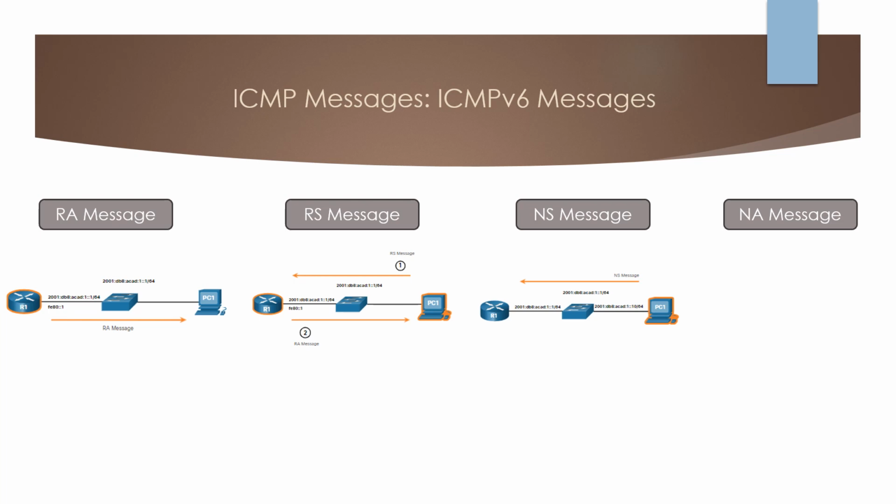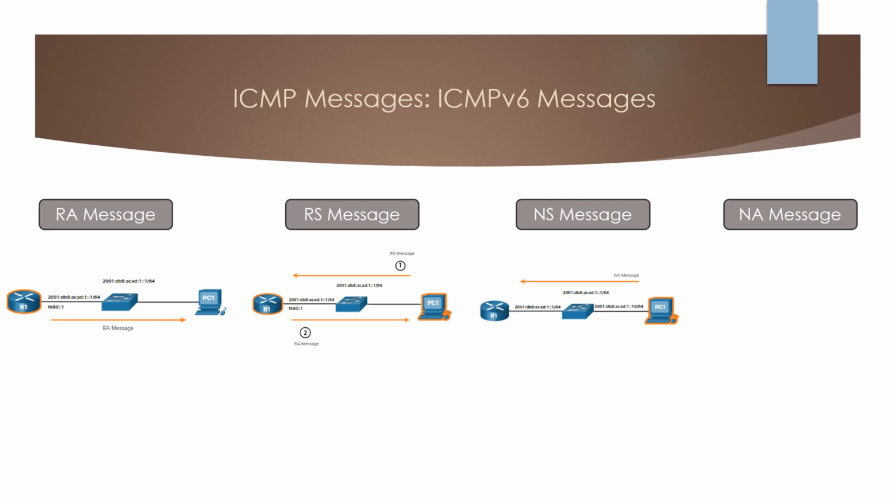To determine the MAC address for the destination, the device will send a neighbor solicitation message to solicit the address. The message will include the known IPv6 address, and the device that has the target IPv6 address will respond with a neighbor advertisement message containing its Ethernet MAC address.